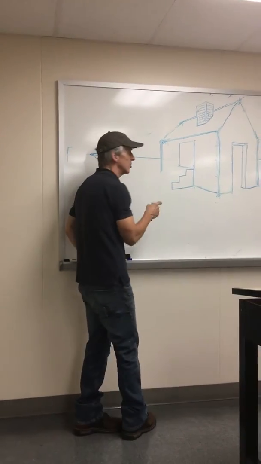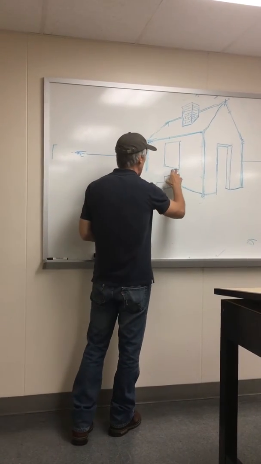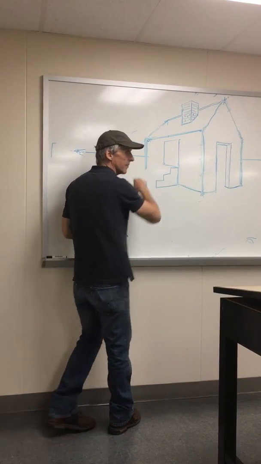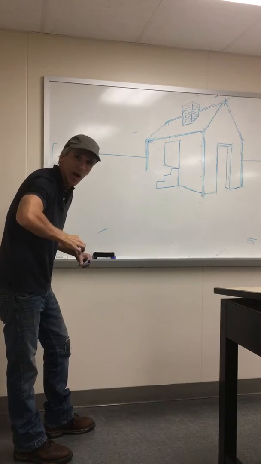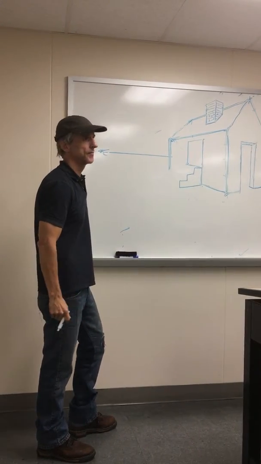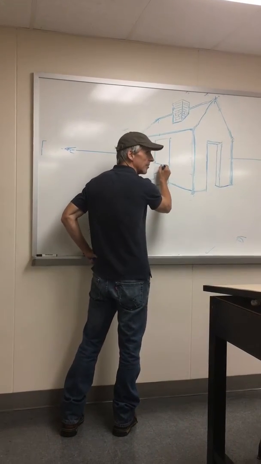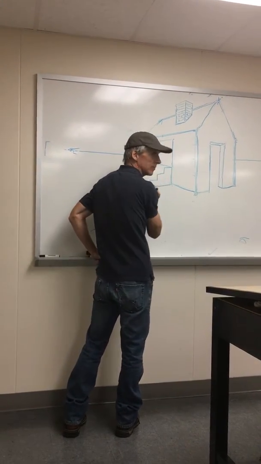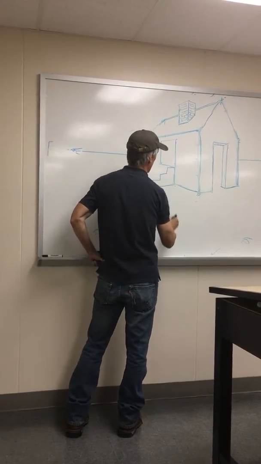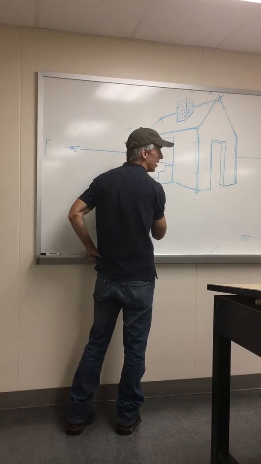Now, before I can do the other side, I first must find out where these long lines that create the corners of the steps are going. To what vanishing point do I take those? I have one dot here, right? Outside corner, inside corner, outside corner, inside corner, outside corner, and bottom.